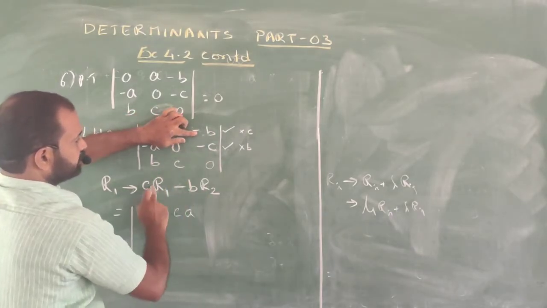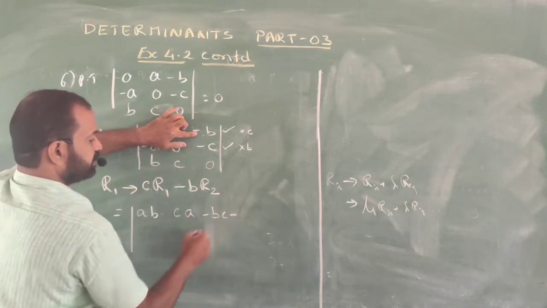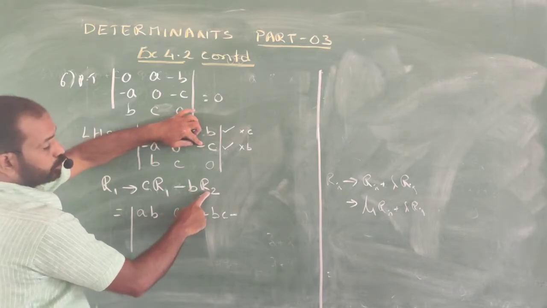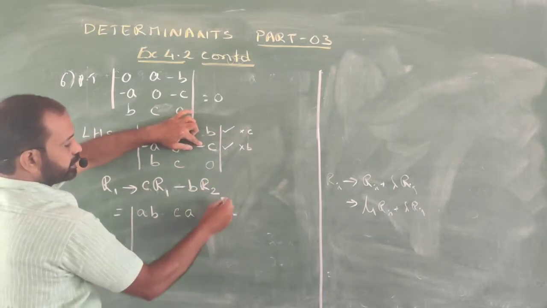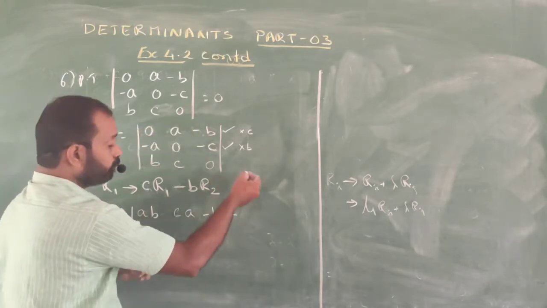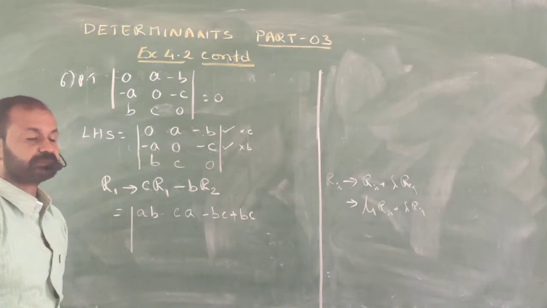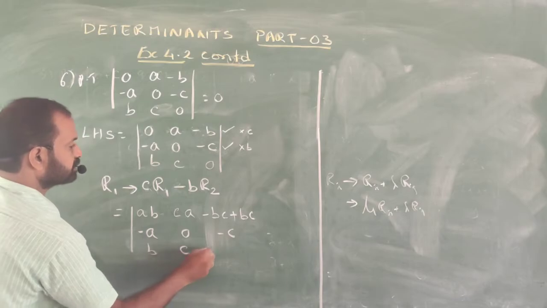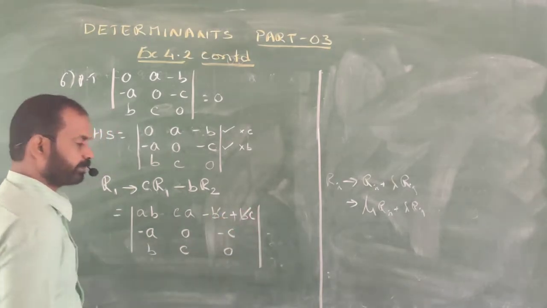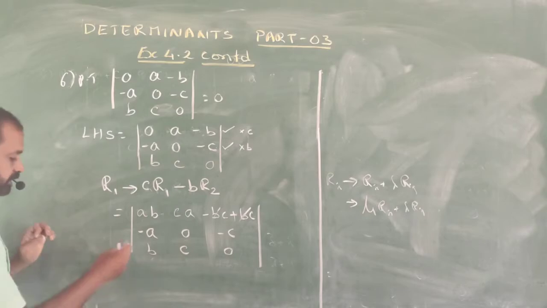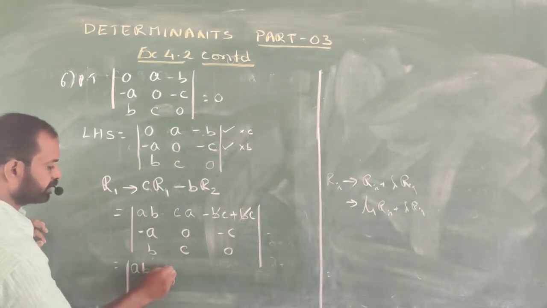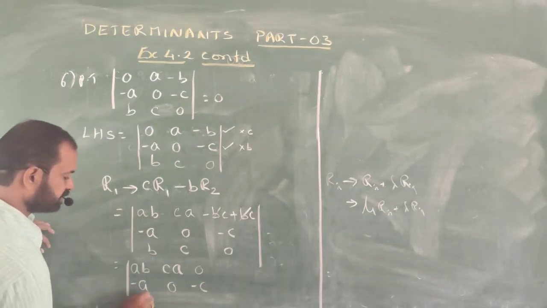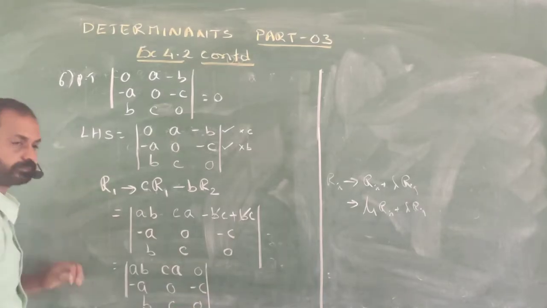Next, C into R1 minus BC minus of B into R2, that is minus of minus BC, this becomes plus BC. Now the second row is as it is, we are not touching. Minus BC plus BC gets cancelled. Now this becomes AB, CA, 0, then minus A, 0, minus C, then B, C, 0.